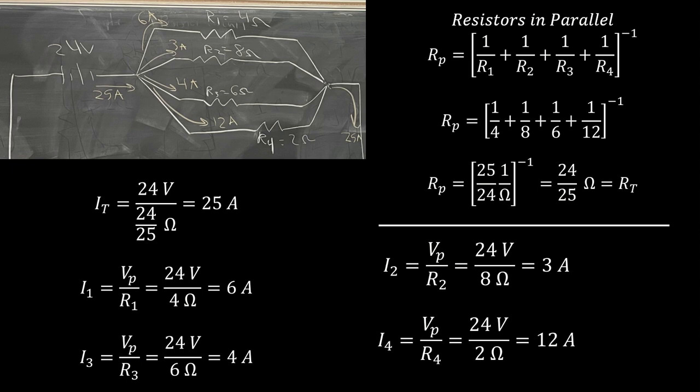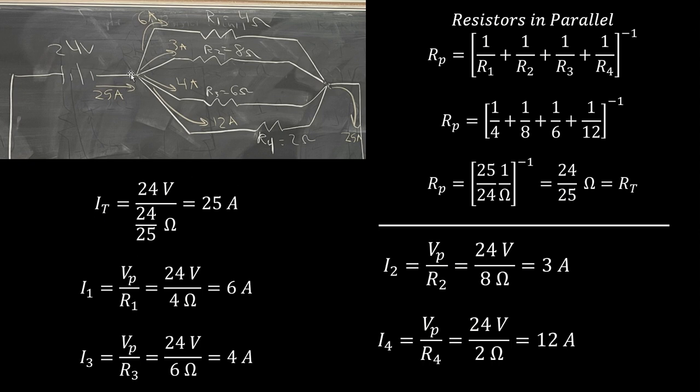Here's the trick we're going to use. The total voltage drop across a path will be equivalent for each parallel path. Now, between this point and this point, we are going to have the full 24 volts drop. That's because we do not have any more resistors after this node or before this node.